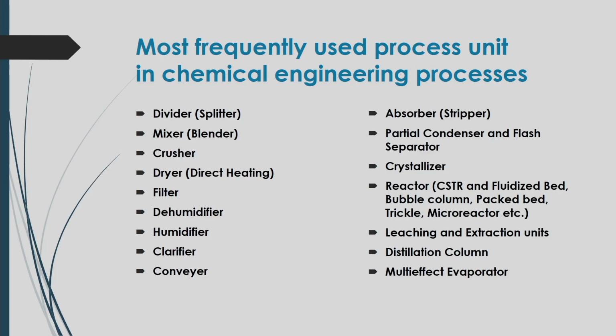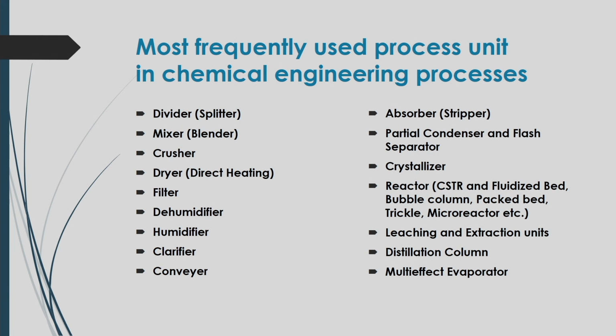Partial condenser and flash separator: the partial condenser is used for condensing vapor, and the flash separator is used to separate vapor from a liquid mixture by boiling that liquid mixture. Crystallizer is generally used for making a solid material from a liquid.